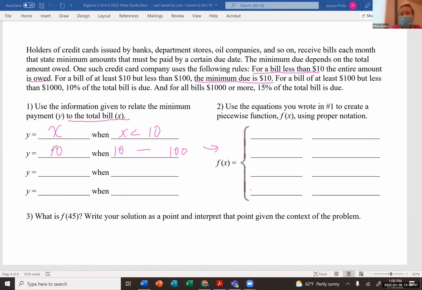Okay, next for a bill of at least 100, but less than 1,000. So from 100 to 1,000, it says 10% of the total bill is due. How do we write 10% in math? 0.10. And then of the total bill, so 0.10x.